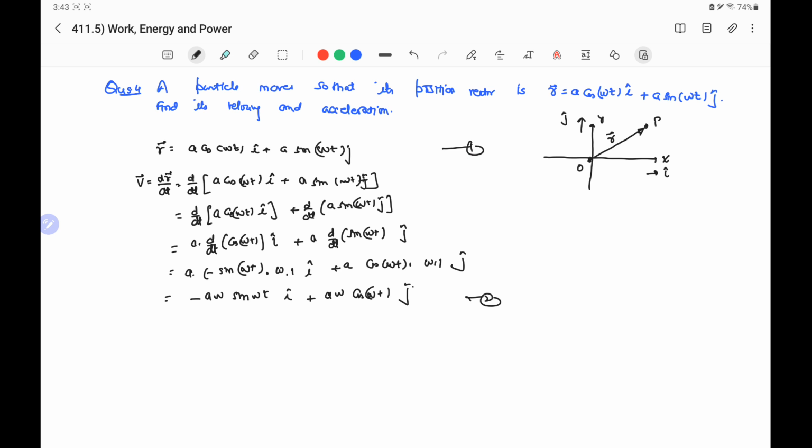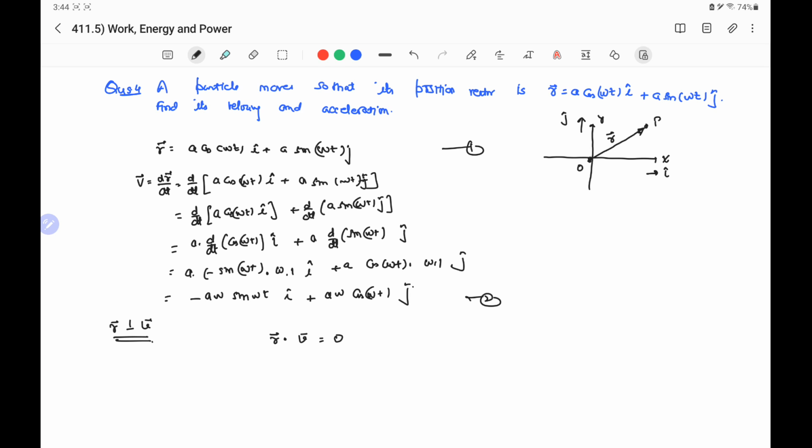Now we can show here that the velocity and the position vector are perpendicular to each other. That means we have to show r is perpendicular to velocity. To show the perpendicularity of two vectors, we will use the dot product, vector r dot vector v, and the dot product will be 0 for perpendicular vectors.